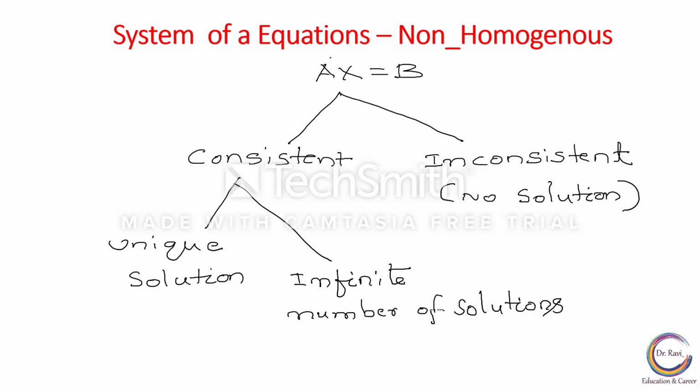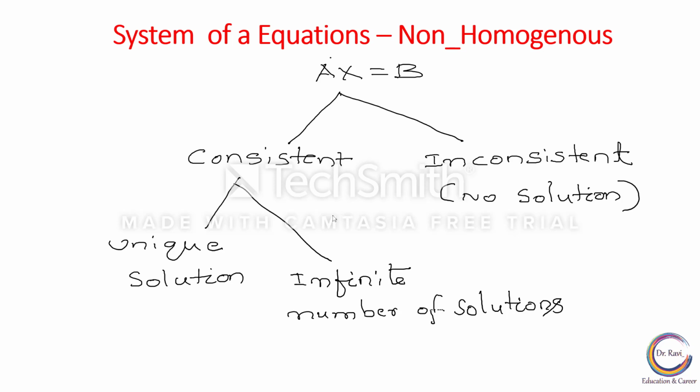The system of equations in matrix form, that is Ax equal to B, is said to be a non-homogeneous system. As discussed, we have two cases. One is consistent, the other is inconsistent. Inconsistent means no solution. Consistent means a solution exists. That solution may be a unique solution or an infinite number of solutions.